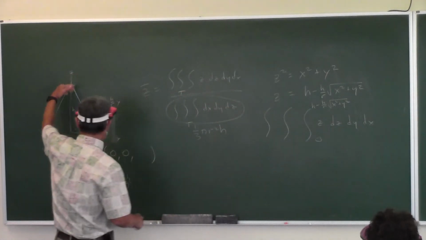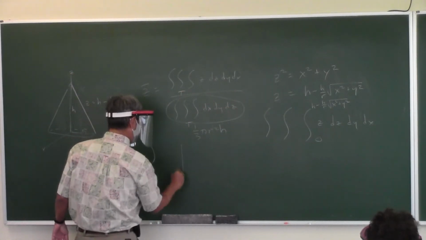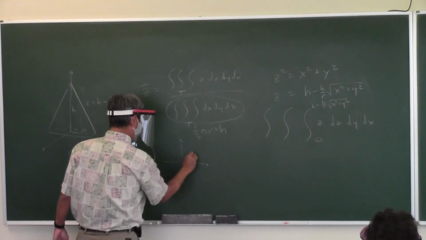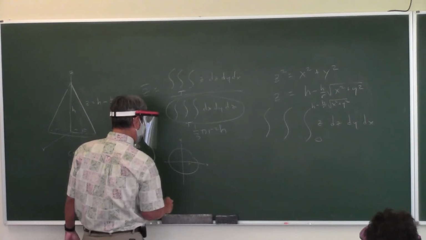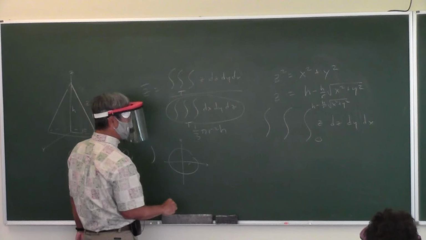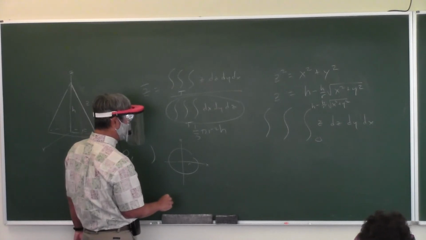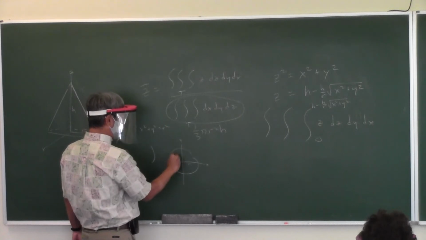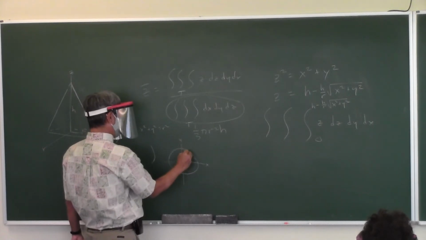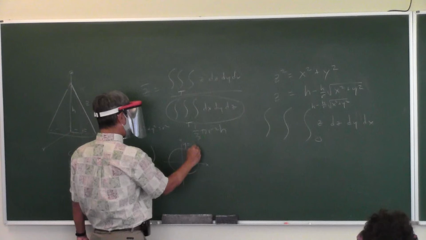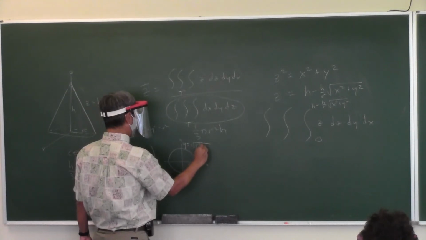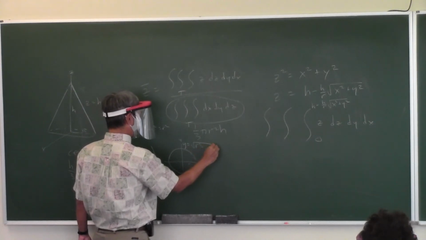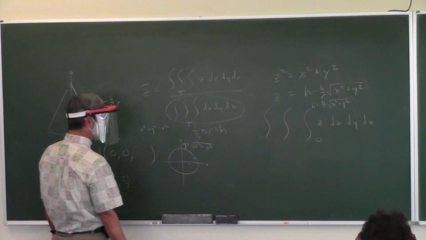Okay, and then when you smash it down onto the xy plane, you're going to see this r. So, what would it be? Come on, the equation is x squared plus y squared equals r squared. So the upper semicircle would be y equals the square root of r squared minus x squared, right?